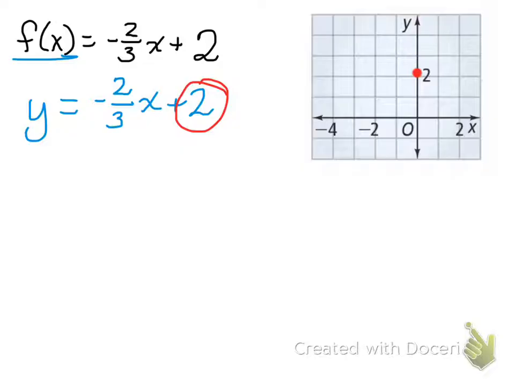Now, since my scale is 1 square, each square is 1 by 1, I can actually do the rise over run to help me find my next point. Or you could do a table of values, or you can use your graphing calculator to help you graph these. So I'm going to use my slope to help me find the next value.